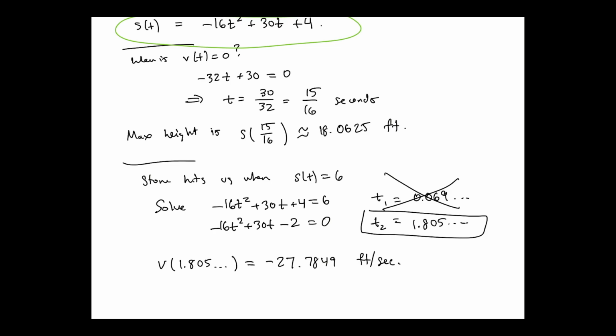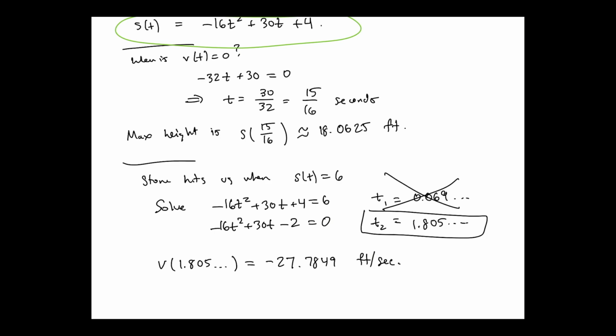But maybe to some extent we could say it's the term that isn't the acceleration, but it comes from the acceleration, right? Because what would happen if I took this function and I took its second derivative? This term would disappear and that term would disappear. What's the second derivative of minus 16t squared? Minus 32.